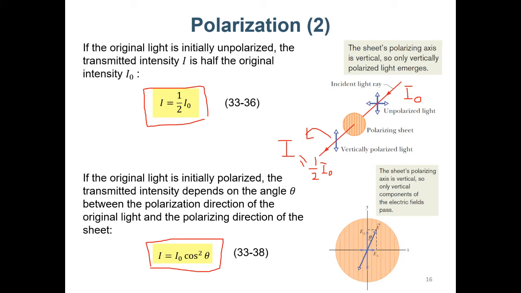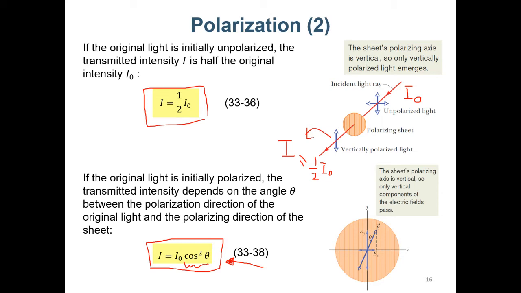So the y-axis component is EY cosine theta, and this is EX sine theta. So maybe you would expect I0 cosine theta rather than I0 cosine theta squared. But actually, the squared one better predicts the phenomenon which we watched yesterday in the video. So we need to multiply by cosine theta squared rather than cosine theta.